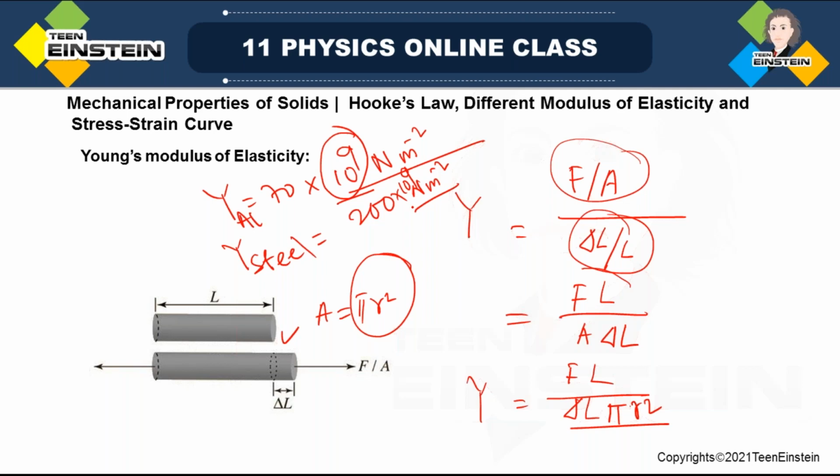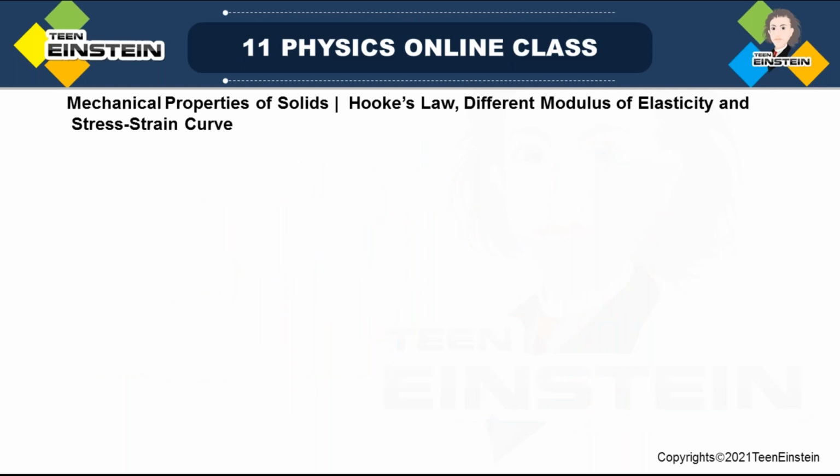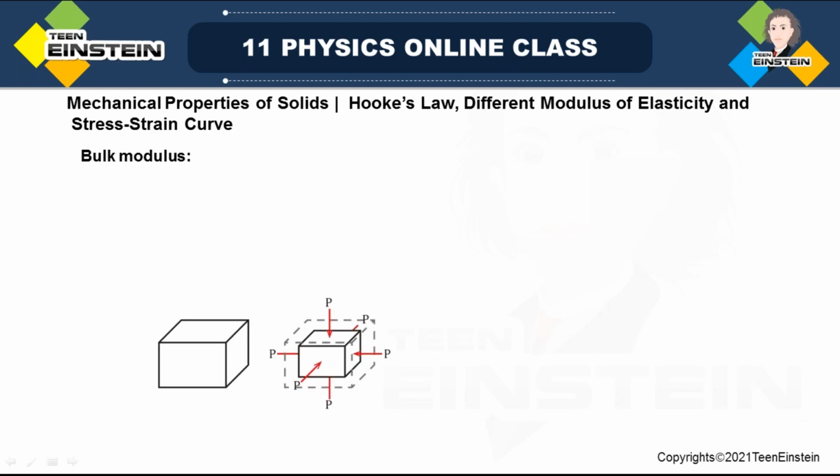We will go to the bulk modulus. Bulk modulus actually is defined as the ratio of normal stress to the volumetric strain. We'll go to that and learn here. Suppose there was initially a rectangular box.